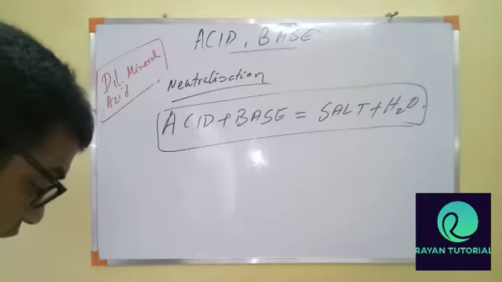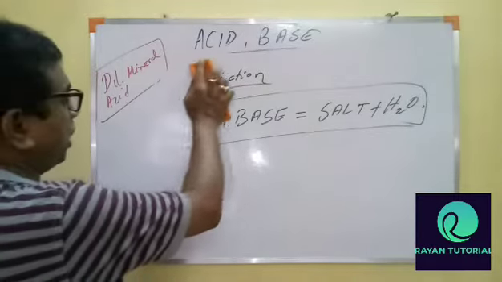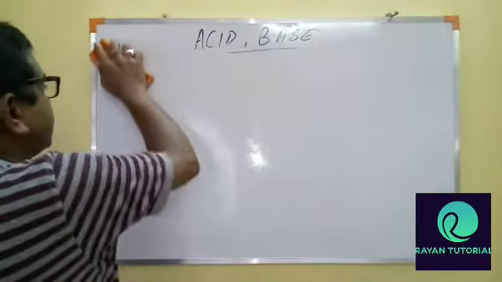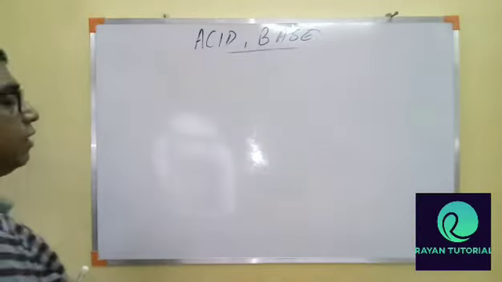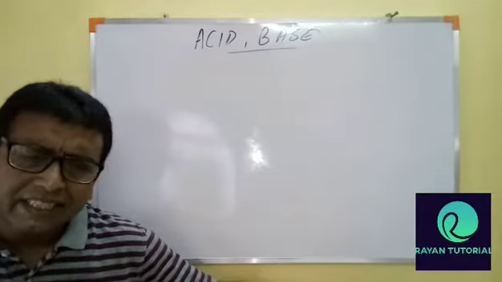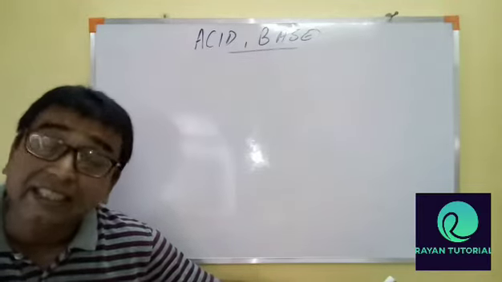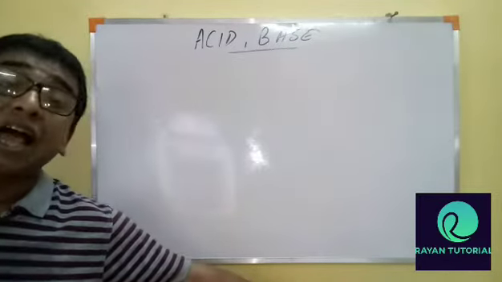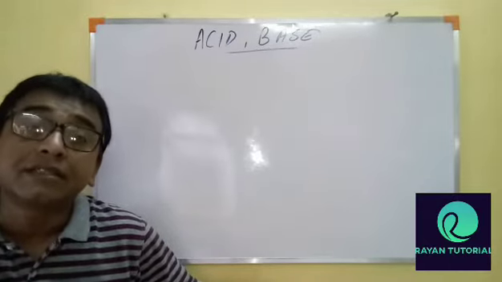So this is all about acids and bases. What is a base? A base is a chemical which reacts with acid to give salt and water. Just as you got the basicity of acids, you will get the acidity of bases. Here, hydroxyl OH ions get displaced.